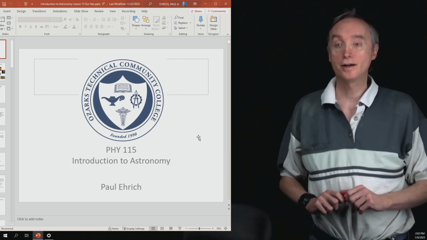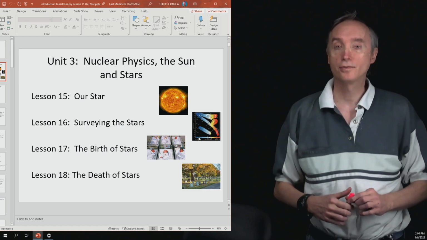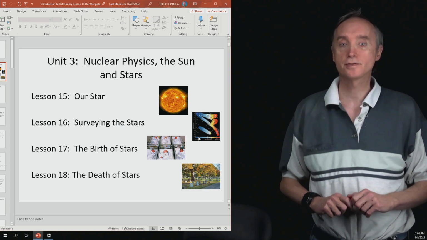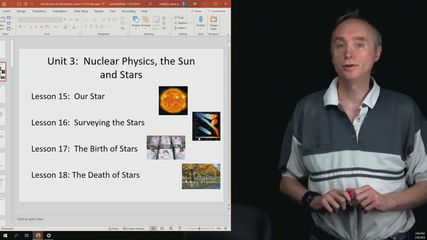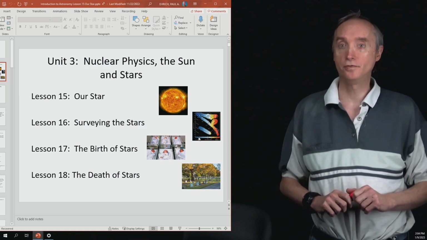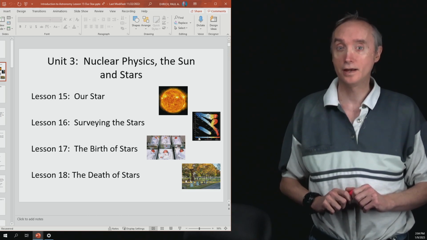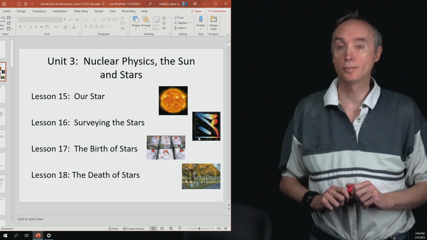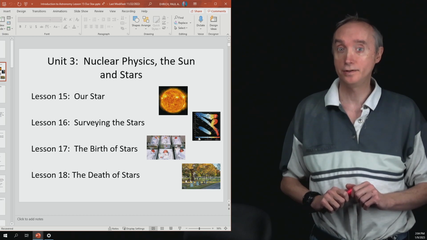So it is now time to start Unit 3. And Unit 3 is on nuclear physics, the sun, and the stars. So if you recall, in unit number 1, we used principles of physics, mechanics, and gravity, and light in order to explain how the planets went around the sun, and then also how to measure properties of a star by using its light.